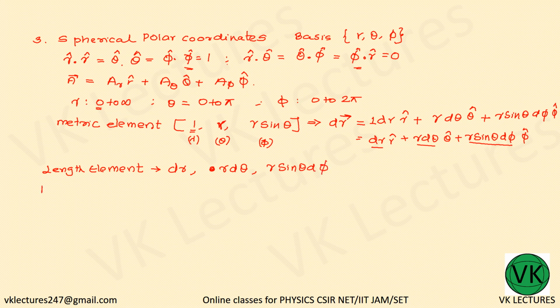Now we have the area element. So area element is nothing but 1 2 into the direction of the third. So dr into r d theta, just the multiplication, and in the direction of the third, that means in the direction of phi, because the area element is a vector.